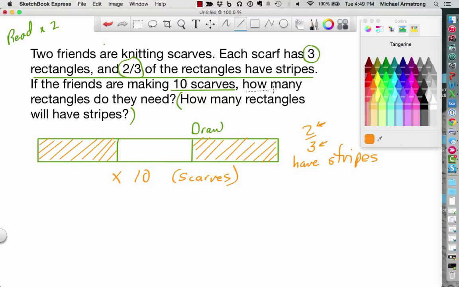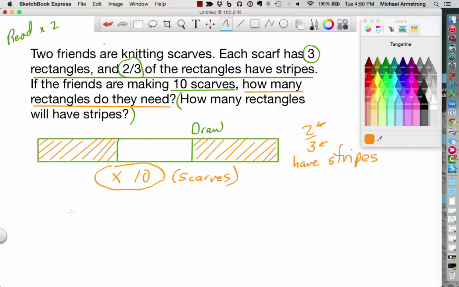This is a complicated assignment, especially because we're not really adding fractions. We're kind of finding equivalent fractions. But how many rectangles do we need? How many rectangles total? So 1, 2, 3 times 10. See, this is times 10. All right, so hopefully this is making a little bit of sense.